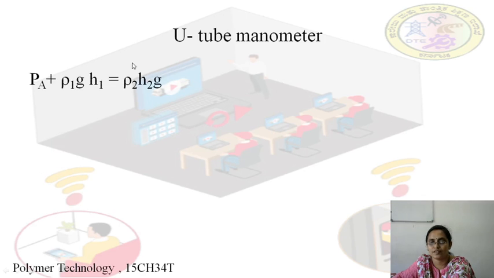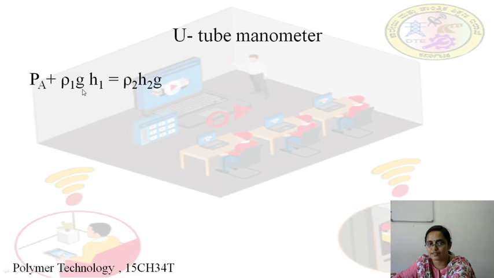Now, getting to the point, with reference to the datum line, we have PA, that is pressure at A. Then rho 1 G H1. This is rho 2 G H2. Rho 1 is the density of the fluid whose pressure has to be measured.